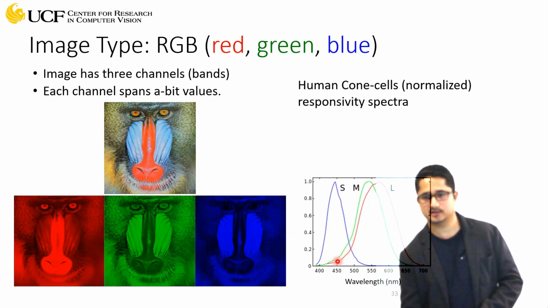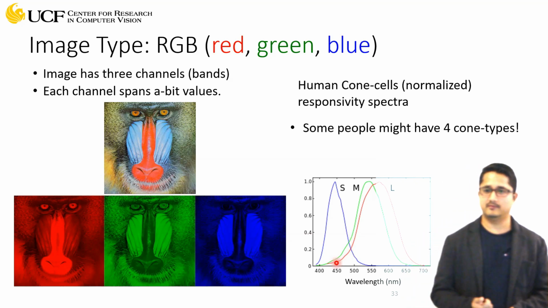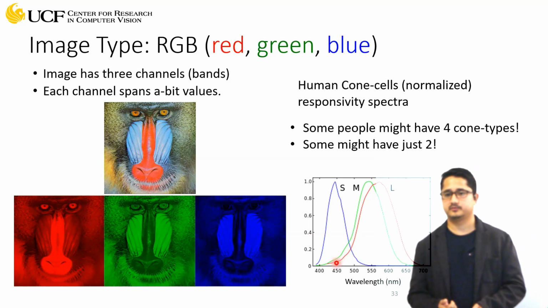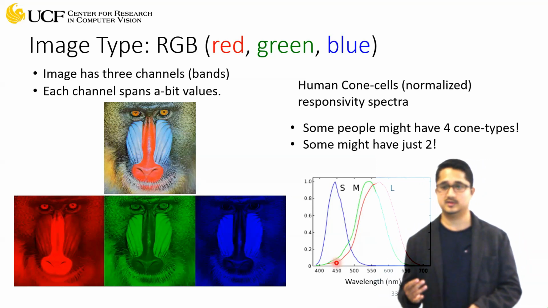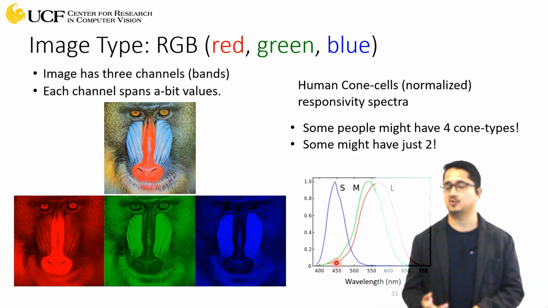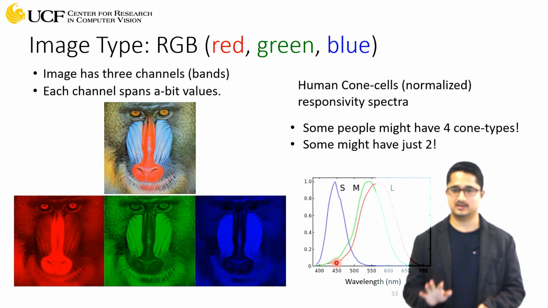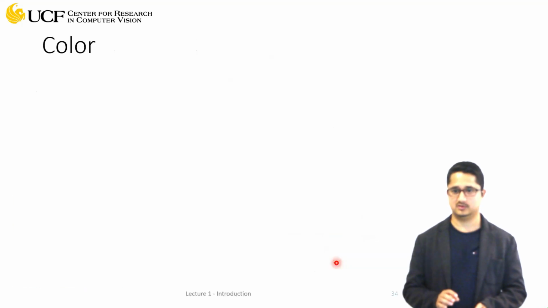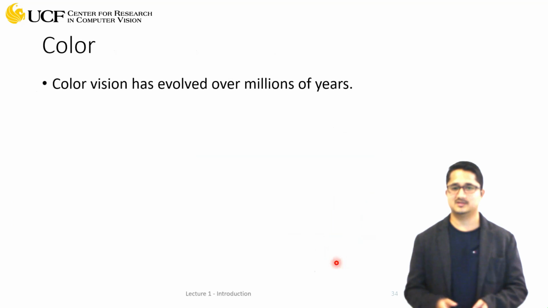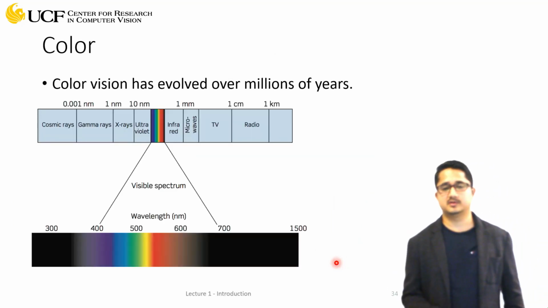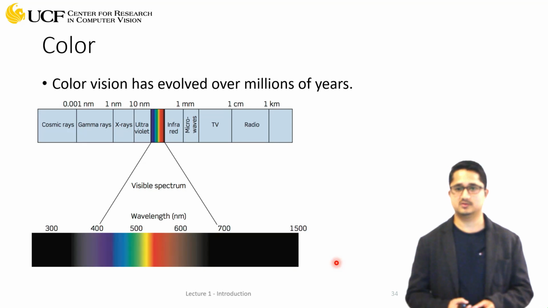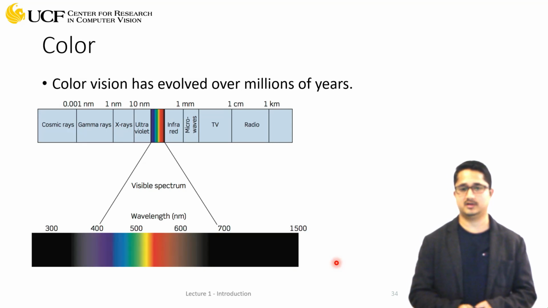One thing to understand is that light has a wavelength. And this is an interesting fact: some people have 4 cone types, which means they can see more colors. Some only have 2, which means they can see fewer colors. So this color vision is a biological thing. It has been evolving over so many years, millions of years in fact.